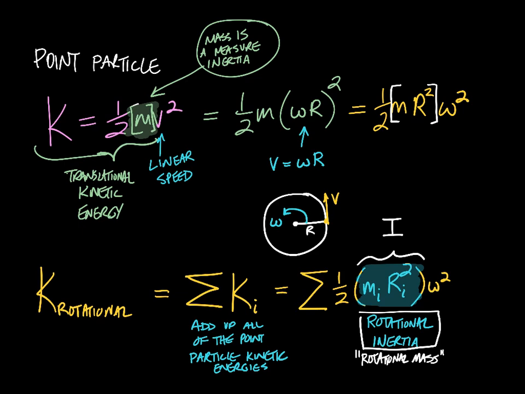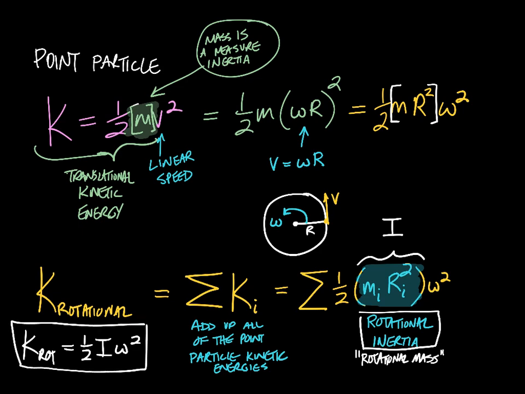And I guess our final thing to write would be that K rotational, or K sub r, would be 1/2 I omega squared. So here's our rotational kinetic energy equation.